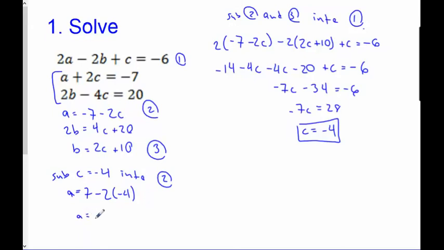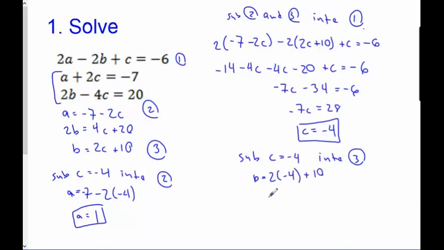So -7 plus 8 is 1. So a is 1. I can also sub c equals -4 into equation 3. Right here, if I plugged in -4, I could find b. 2 times -4 plus 10. So that would be -8 plus 10. So b would be 2.